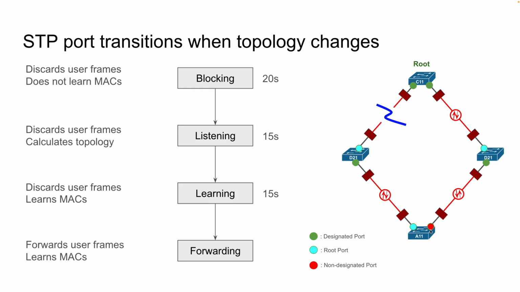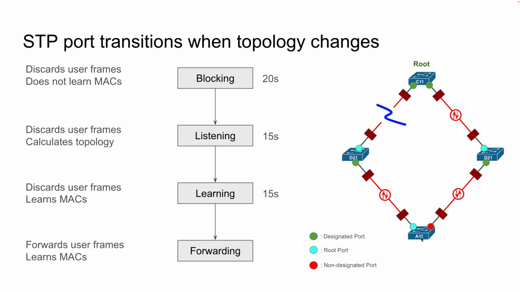Then they go to the listening state, which is 15 seconds long. In this state, ports discard user frames, and the switch calculates the new topology. For example, switch D21 does not hear from the root bridge, but after 20 seconds, this switch is constantly receiving BPDU frames from the root bridge via D21.